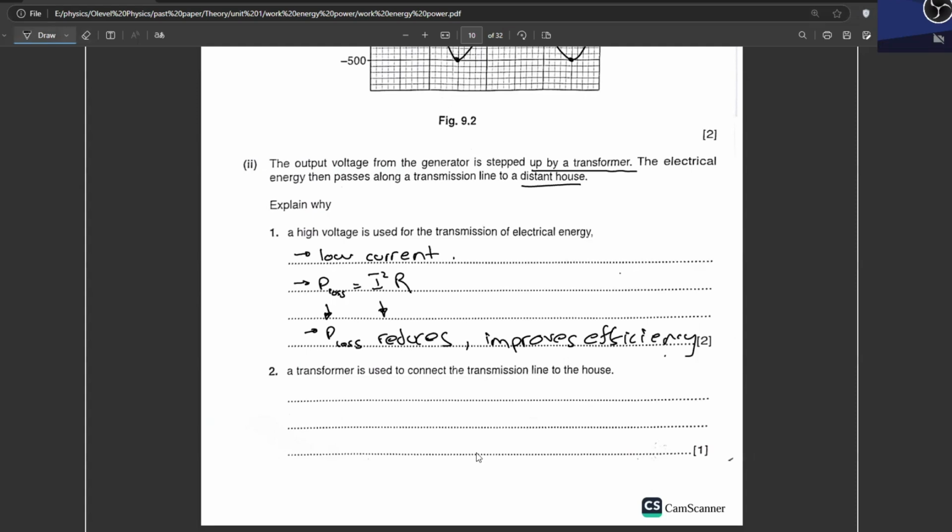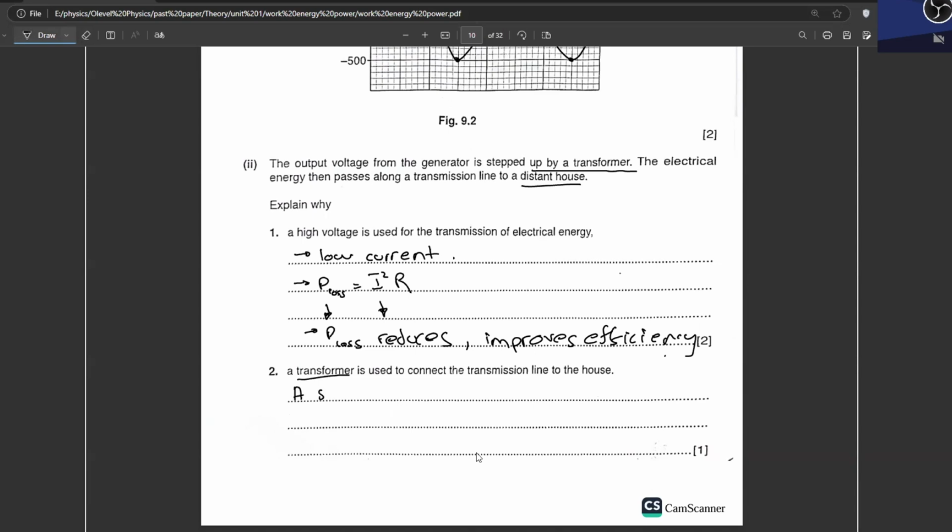Okay, so let's see the next part of this question. A transformer is used to connect the transmission line to the house. So basically, why is a transformer connected between the transmission line and the house? A step down transformer is connected between the transmission line and the house. Why? To bring the voltage back to the normal working voltage, that is 240 volts.